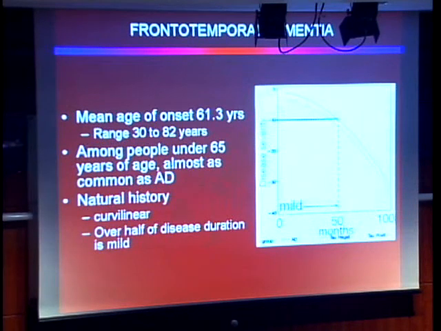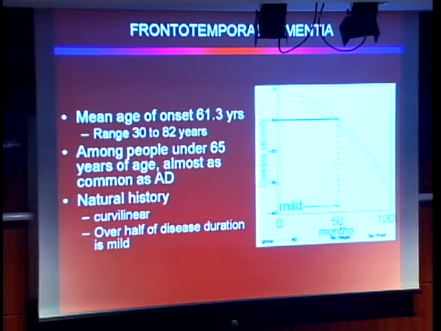This is the natural history, what happens during the course of the condition. We find that if this here is disease severity, and this is the months of the duration of the condition, you can see that there is a decline over time, but that decline over time is not linear. In the mild stages of the condition, the mild stage lasts for over half the duration of the condition.